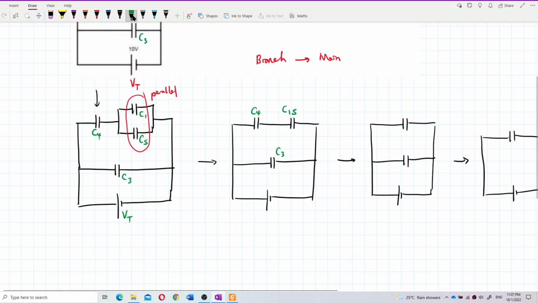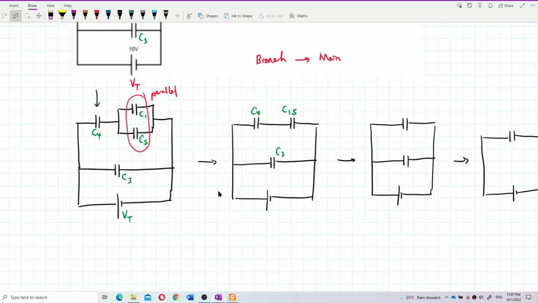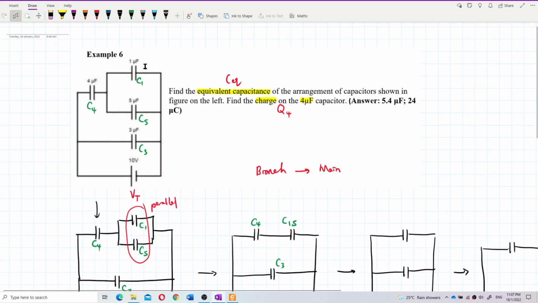Parallel capacitors become stronger, they add together. So C15 is equal to C1 plus C5. What is C1? C1 is 1 microfarad.